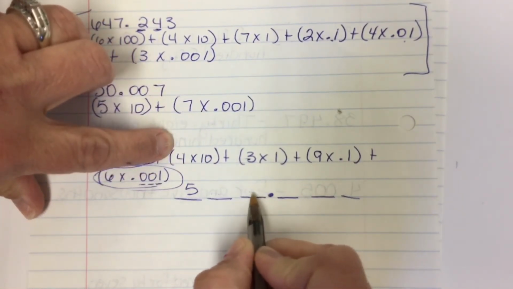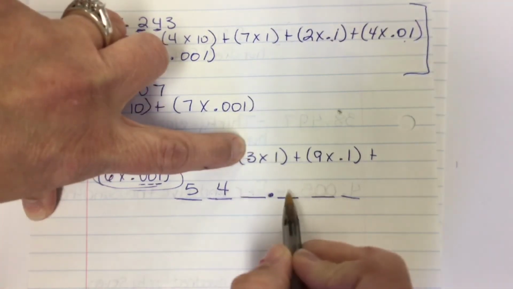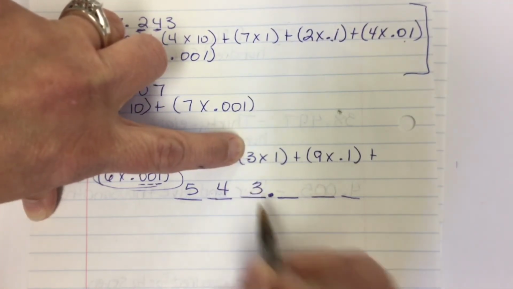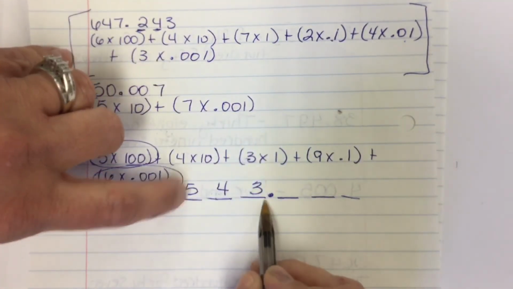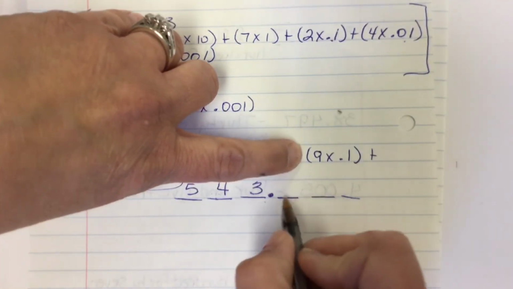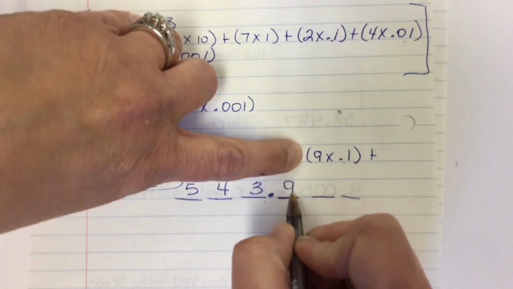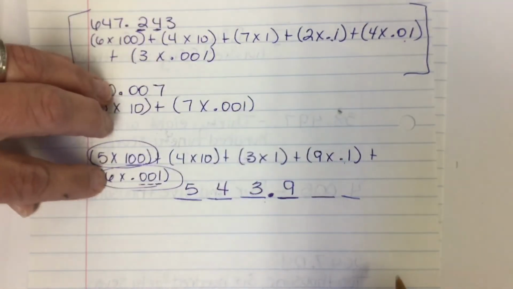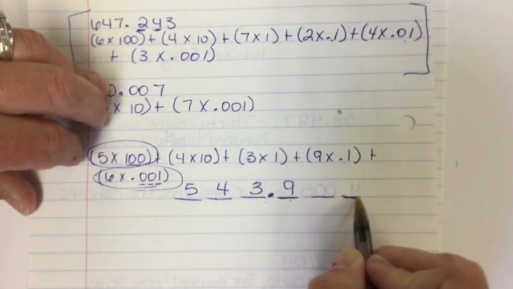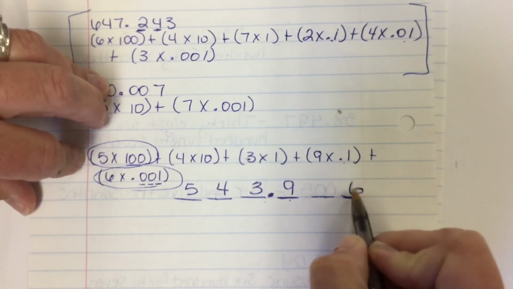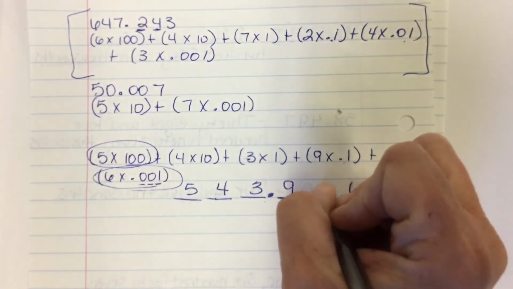I'm going to go to the left in the whole number side. There's a tens place and I'm going to put a 4. 3 times 1. So there's a 3 in the ones place, so I'm going to place it here to the left of the decimal. So 543 is my first number. And 9 times 1/10. That means 0.1, so I need to put a 9. Plus 6 times 0.001. She wants to put a 6 there, so put a 6. Now, there was no hundredths place, so in its place, we're just going to put a 0.